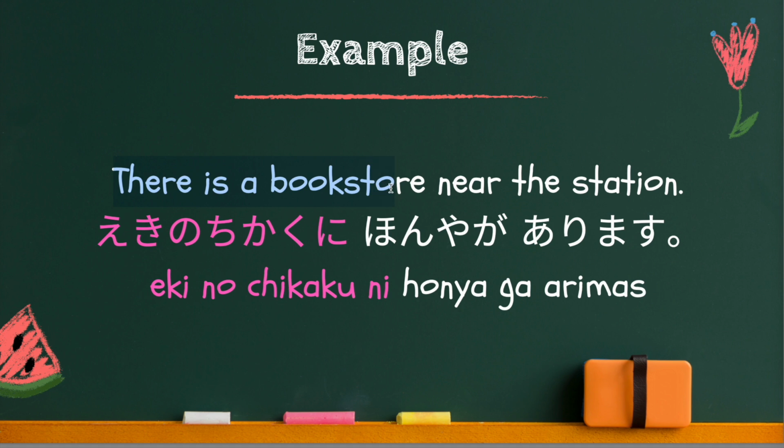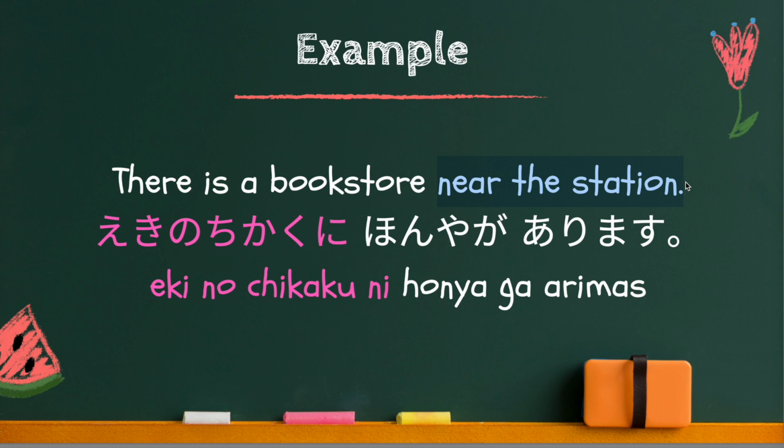There is a bookstore is 本屋があります, あります this time because a bookstore is not a living thing. And once again, the grammar format is location, ni particle, then things があります。In this case, location is near the station.